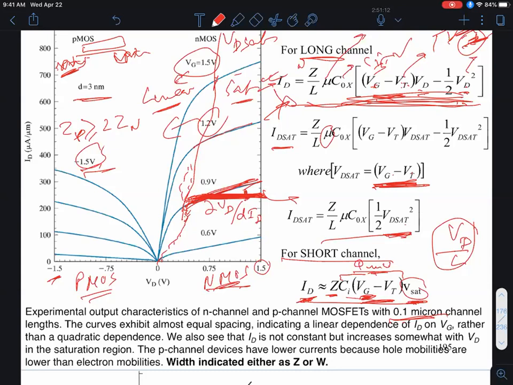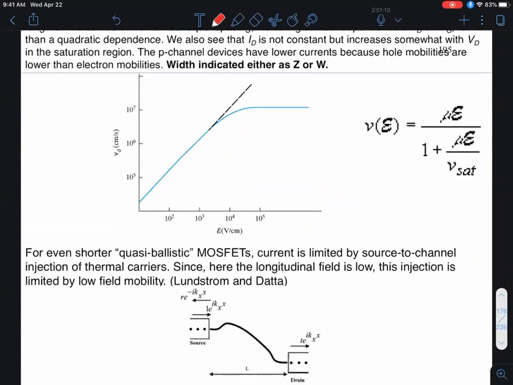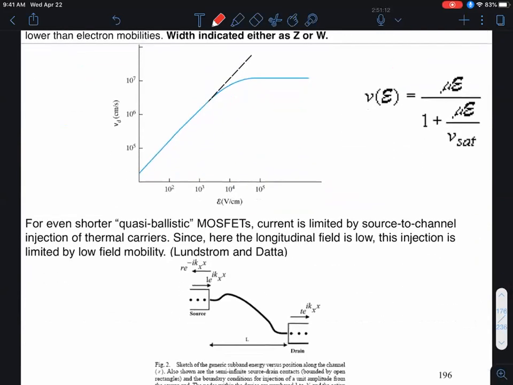So not only is the hole mobility lower, you end up getting a higher source drain parasitic resistance in the PMOS, and both of those cause the drain current of the PMOS to be lower than for NMOS, which in turn then forces you to lay out the width of the P channel to be roughly double that of the N channel devices. That's what people do, but it makes the layout of the circuits a little bit more messy, okay?